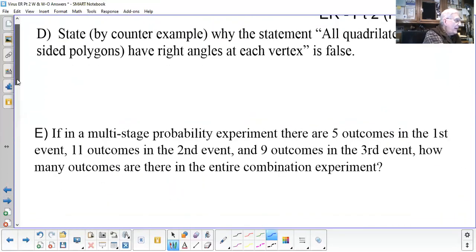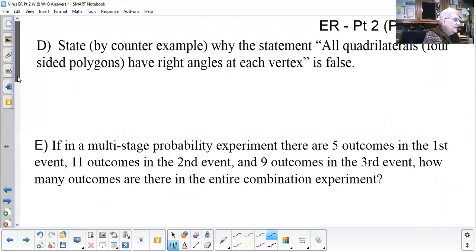State by counterexample: all quadrilaterals... I can't read it here because I've got it blocked with my picture. All quadrilaterals, or 4-sided polygons, have right angles at each vertex. Now folks, you are aware that a quadrilateral is a 4-sided polygon.